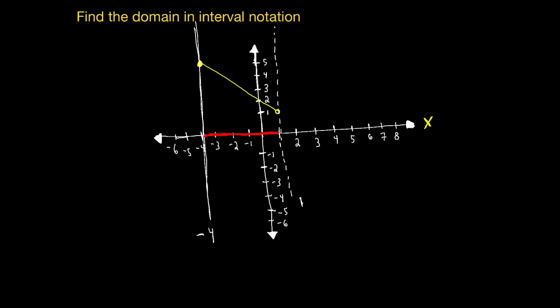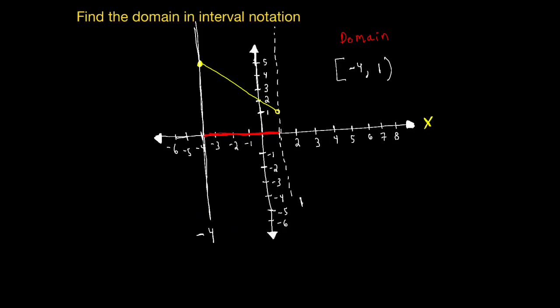If I want to express it in interval notation, I'm going to do so by using these as my endpoints. So I have -4, 1, and now this dotted line is telling me that I have to use a parenthesis to close my upper bound of 1, and this solid line is telling me to close my lower bound with a bracket.